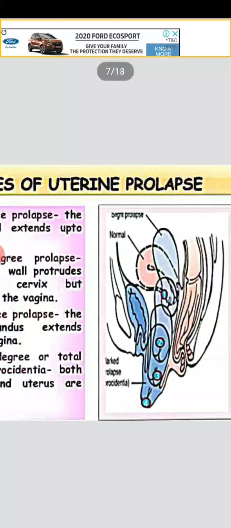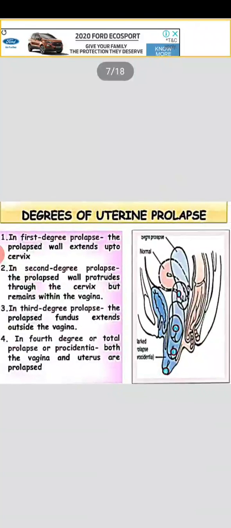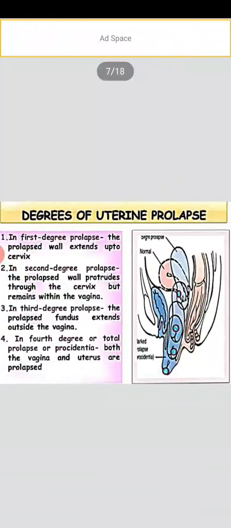In third degree, the prolapsed fundus extends outside the vagina; here you see a tip of the prolapsed uterus outside the vagina. In fourth degree, total prolapse or procidentia, both the vagina and uterus are prolapsed. Procidentia: you see, the whole uterus has come out.